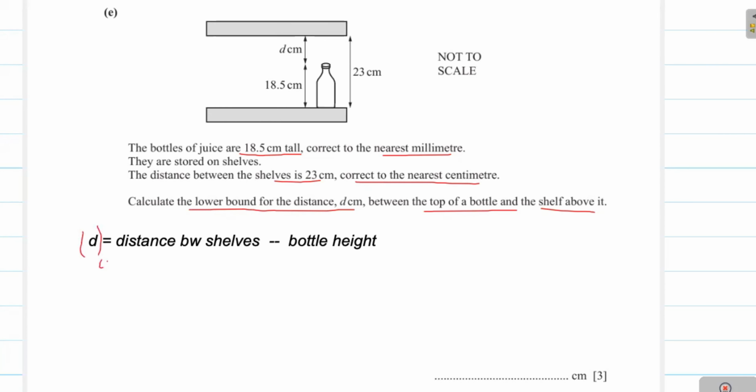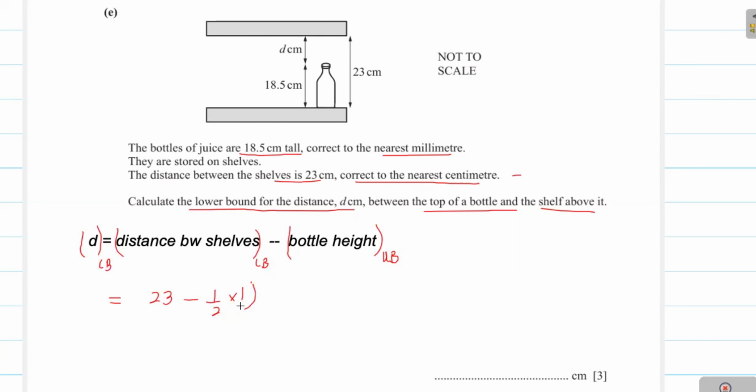Therefore, D lower bound will be equal to the distance between shelves lower bound minus the bottle height upper bound. Here the distance between shelves is 23 centimeters, and the lower bound value will be equal to 23 minus half of the degree of accuracy. The degree of accuracy is 1 centimeter.